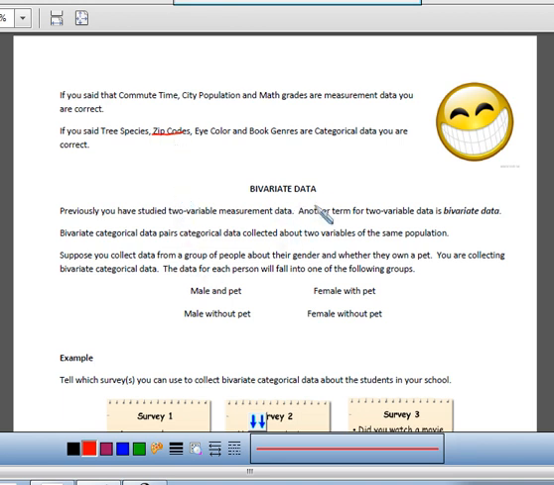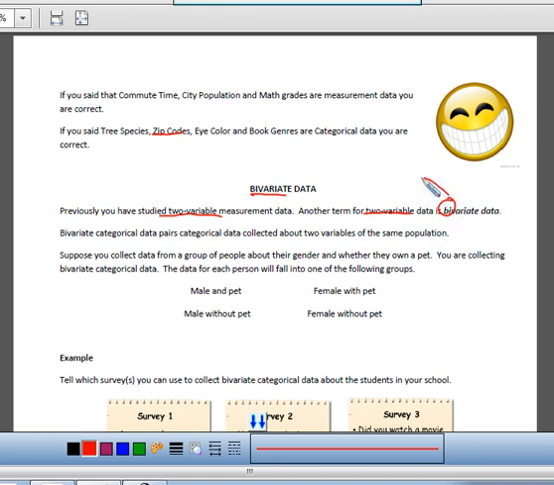All right, so bivariate data. This is a really big, scary word, but not really that bad. Previously, you have studied 2 variable measurement data. Another term for 2 variable data is bivariate data. Bi, I'm sure you've heard of a bicycle, bi, means two.